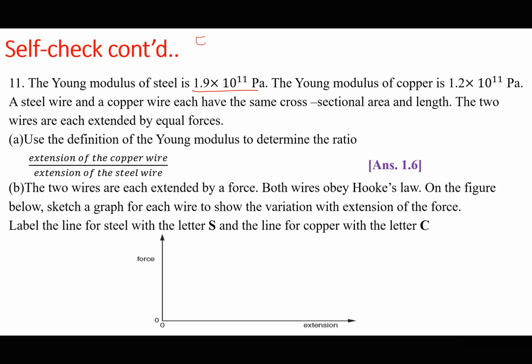So remember Young modulus, they said they have the same area, the same length, the same force. So Young modulus equals force times original length over area times extension. It means if F, L, A are the same, I'll say E is equal to a constant over x, where x is the extension, because F, L naught, and A are constant.